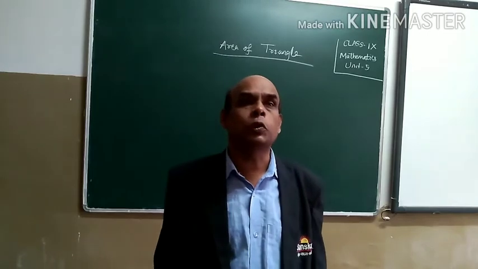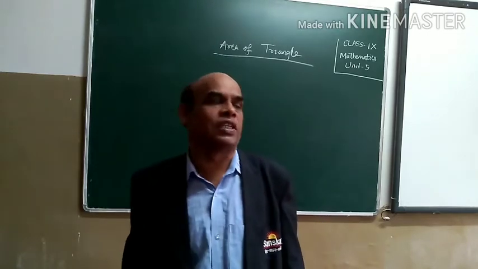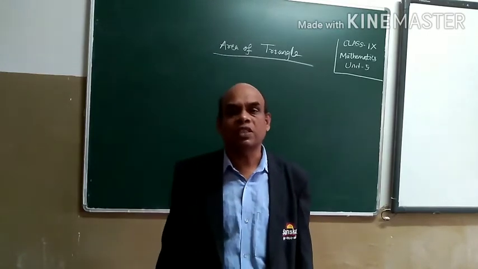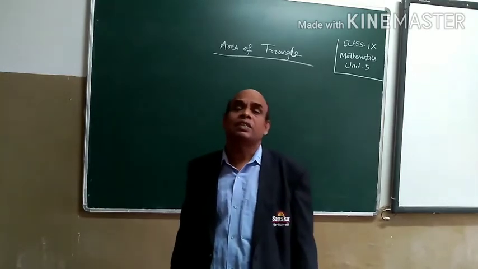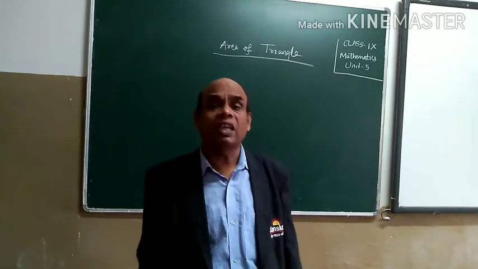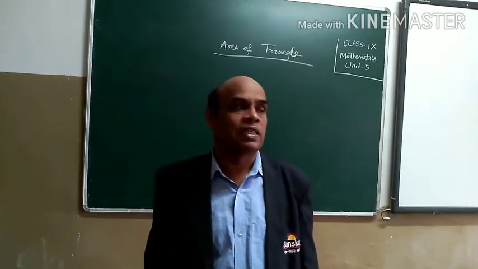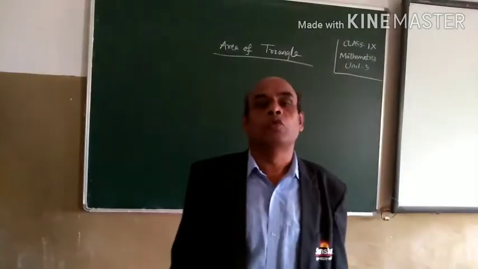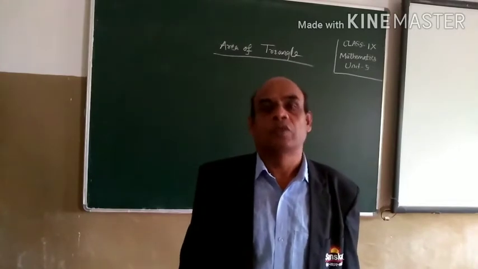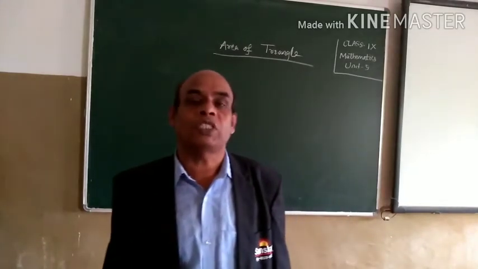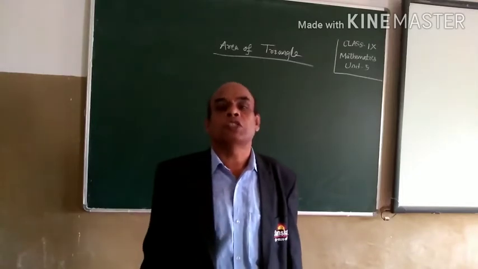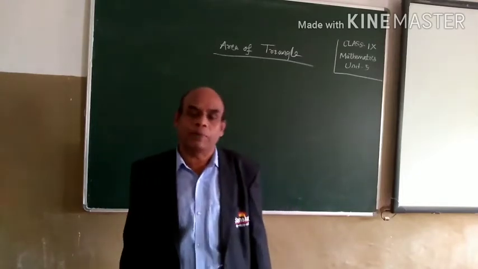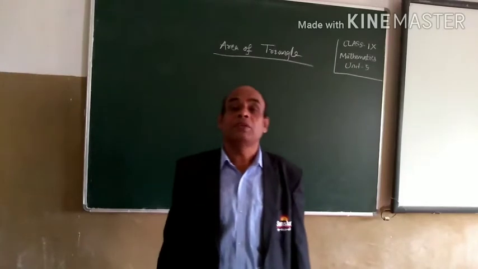2D means two-dimensional figures. Already I told you previously that two-dimensional figures have length and breadth and can be constructed on the surface of the paper. That is a 2D figure.